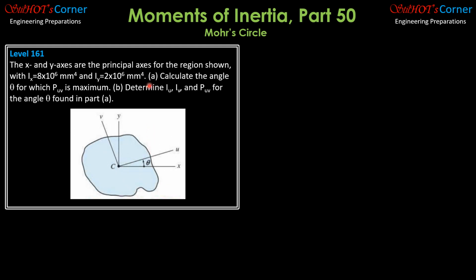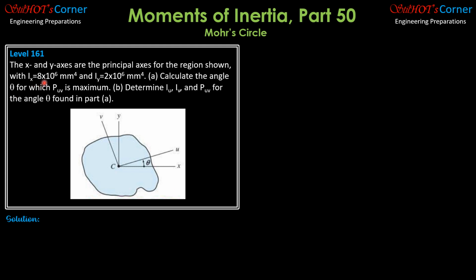Part A: calculate the angle theta for which the product of inertia with respect to the UV axis is maximum, and part B: determine I sub u, I sub v, and PUV for the angle theta found in part A.